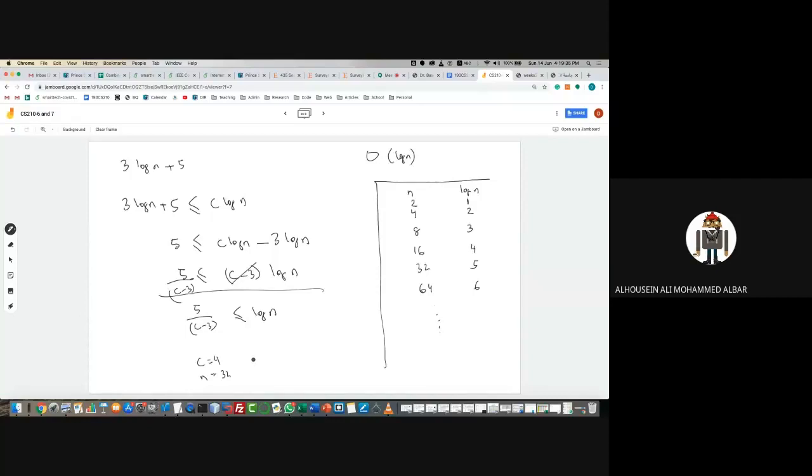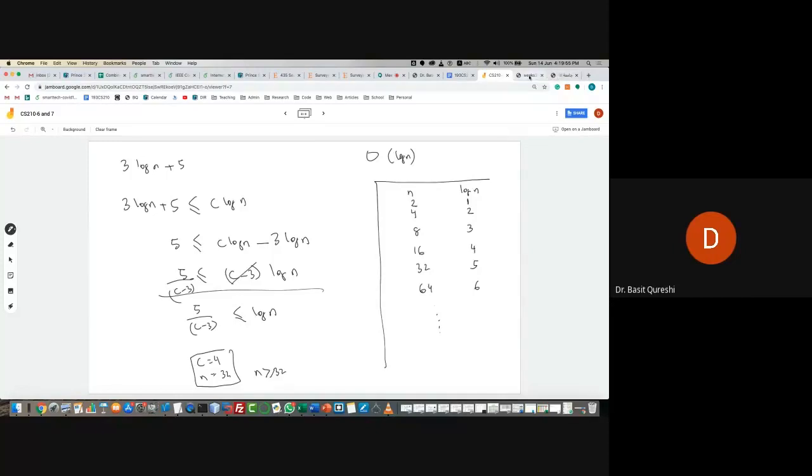If we put log of 32, then it would be 5. So yeah, log of 32. There's your answer. We can say n is bigger than or equal to 32, and that should work.